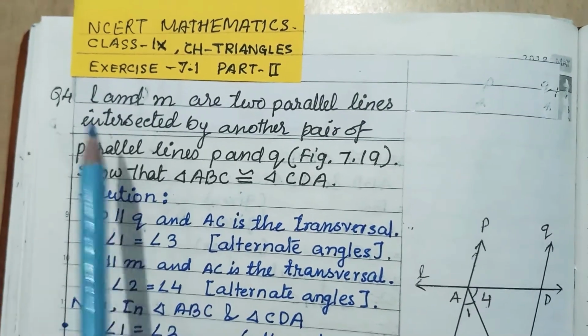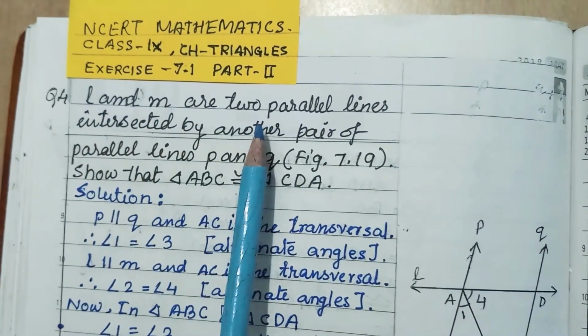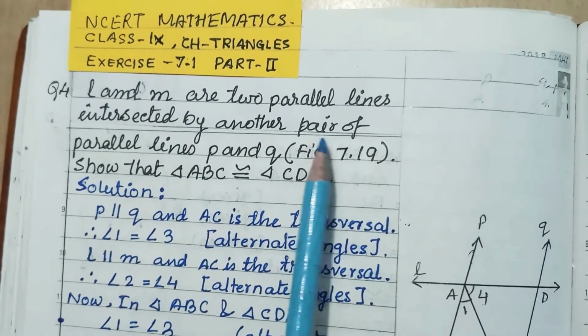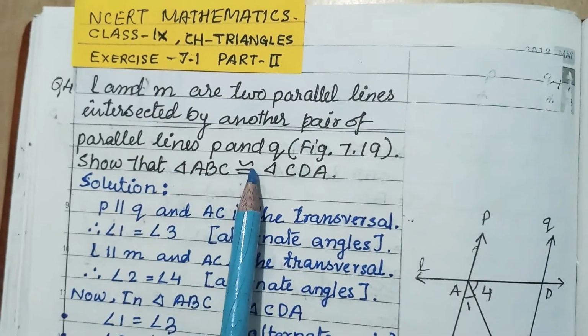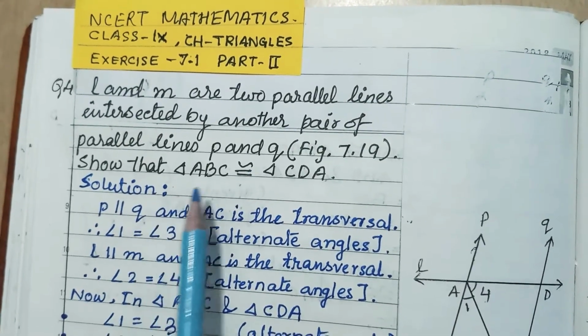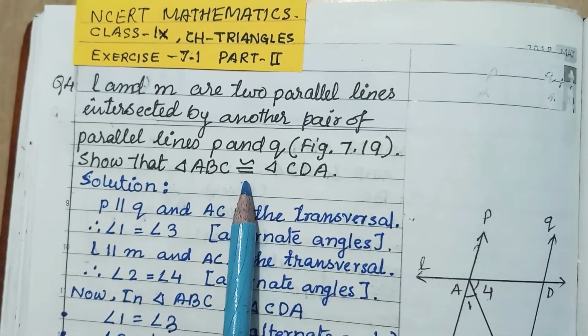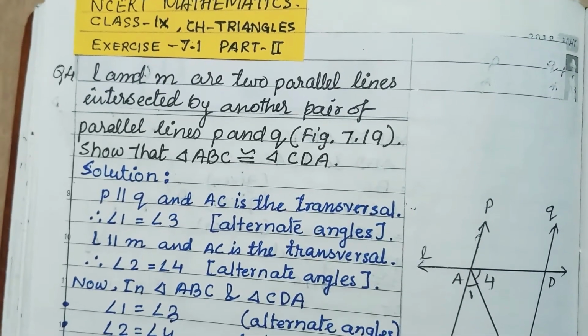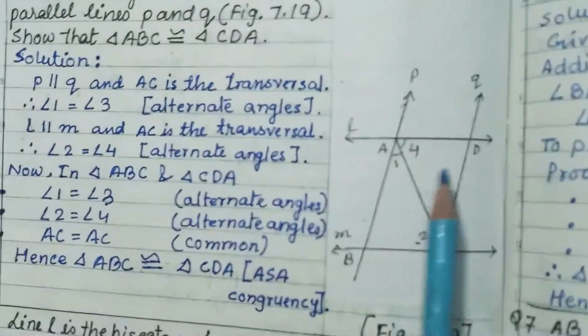Now question number 4. L and M are two parallel lines intersected by another pair of parallel lines P and Q, so that triangle ABC is congruent to triangle CDA. Now this is the figure.